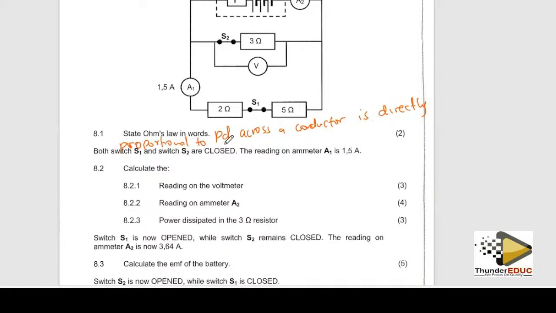To the current through the same conductor, at a constant temperature. So that is Ohm's law. Then if both switches S1 and S2 are closed, the ammeter reading A1 is 1.5. Can we get the reading of the voltmeter?